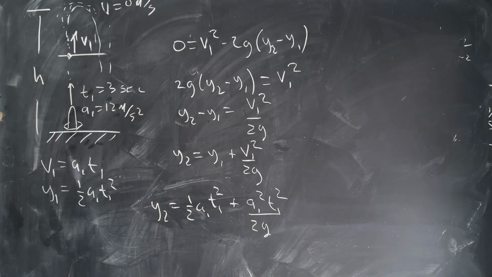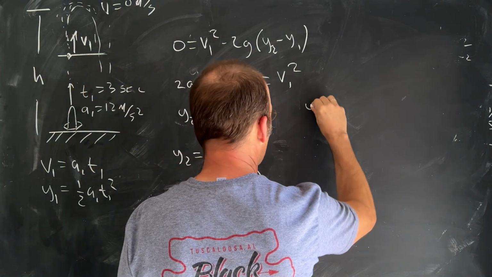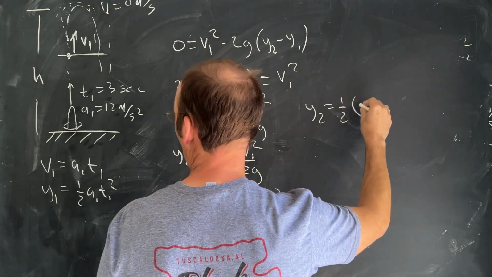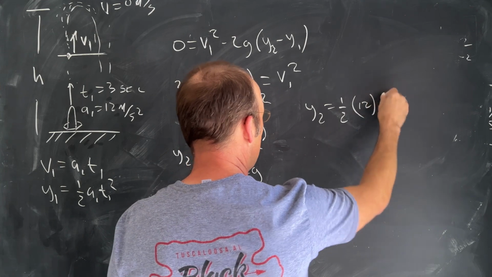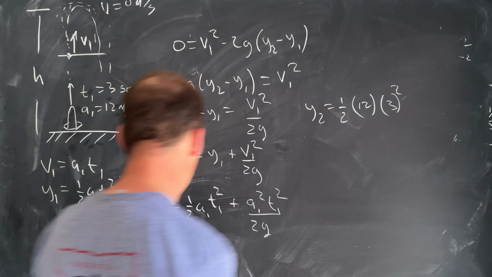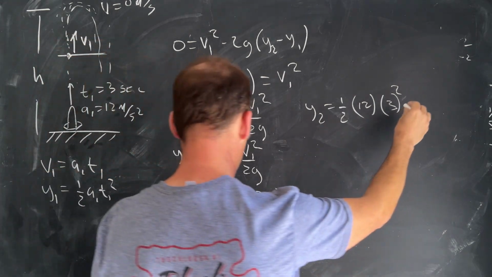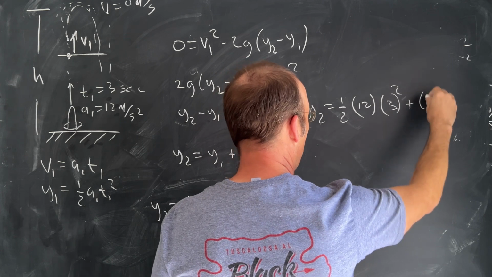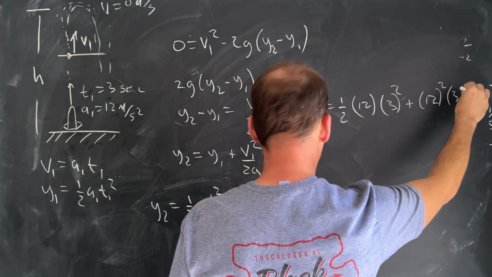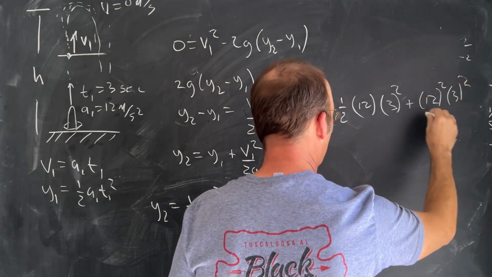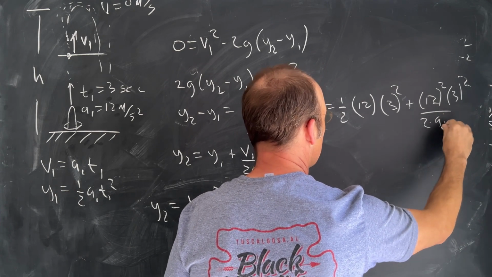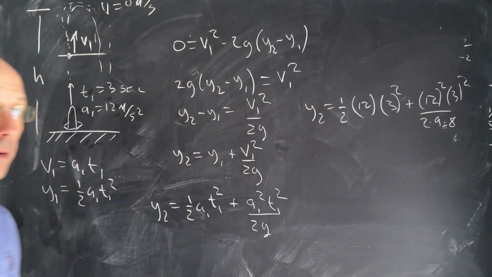Now I can put in my numbers. y2 is 1/2 times a1, which was 12, times t1, which is 3, squared, plus 12 squared times 3 squared, over 2 times 9.8. And remember, g is 9.8, not negative 9.8.